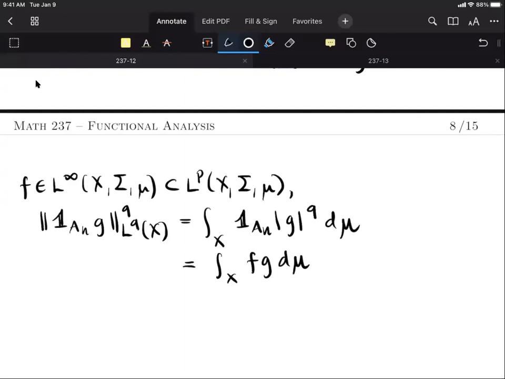And we know from a while ago, using the same proof as before, that this is the same as J of F. And why is this the case?